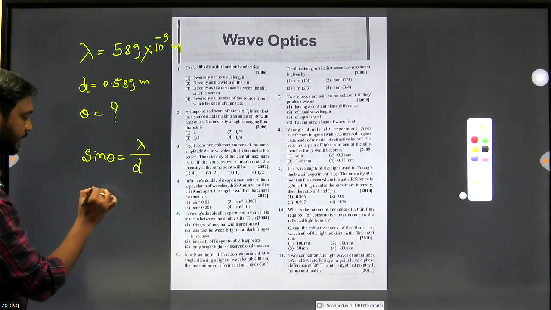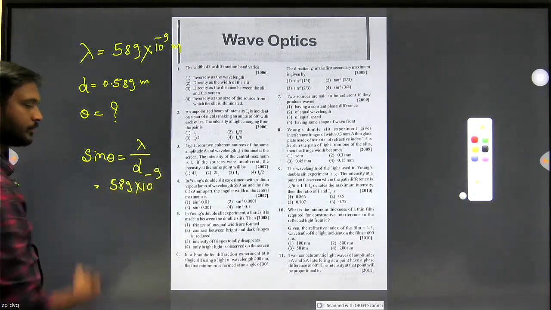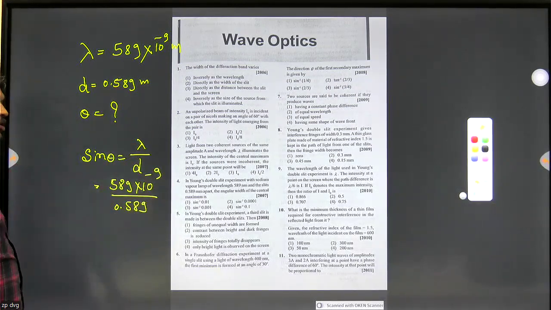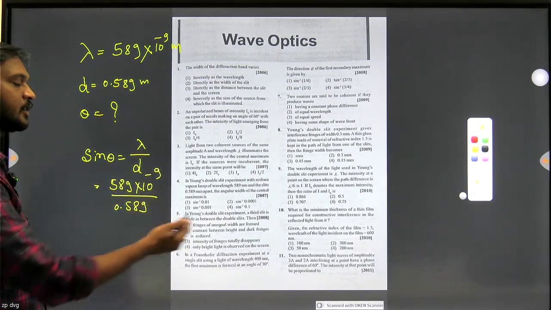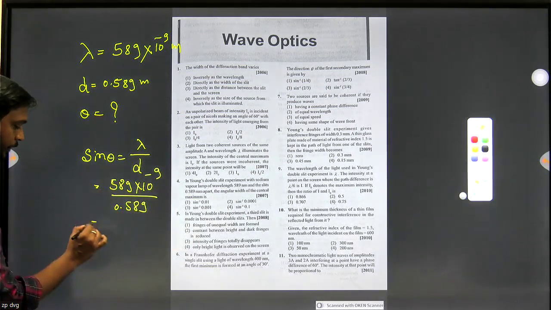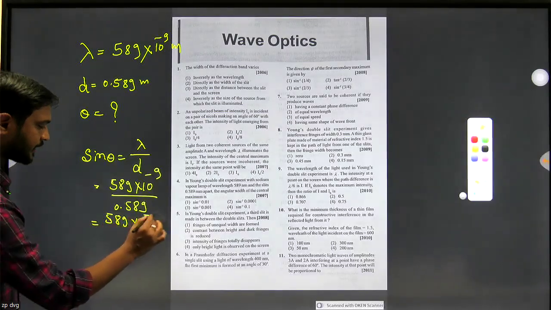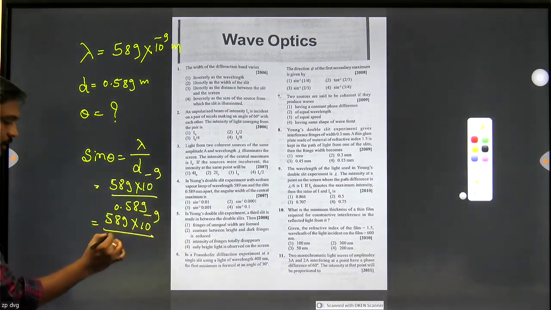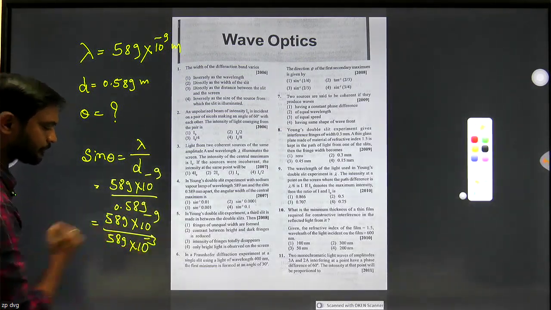We know that the value of lambda is 589 into 10 to the power of minus 9, divided by d, that is 0.589. The options are sin inverse of 0.01, sin inverse of 0.001, and sin inverse of 0.1. Here 0.589 can be written as 589 into 10 to the power of minus 3.